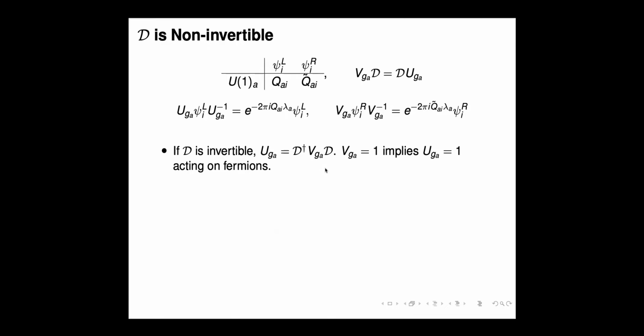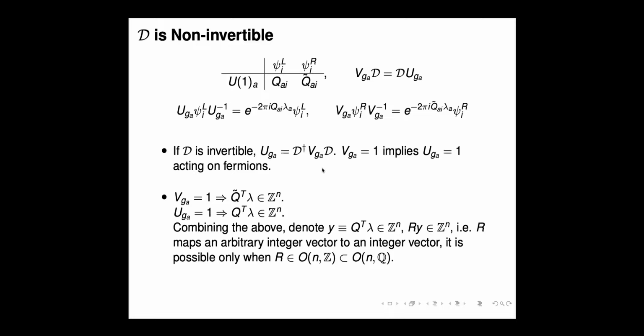D Hermitian conjugate is equal to D inverse, so I can just move it to the other side. So U_A is D inverse, U tilde, D. And suppose B is the identity element acting on the fermion. This relation implies that U must be identity.